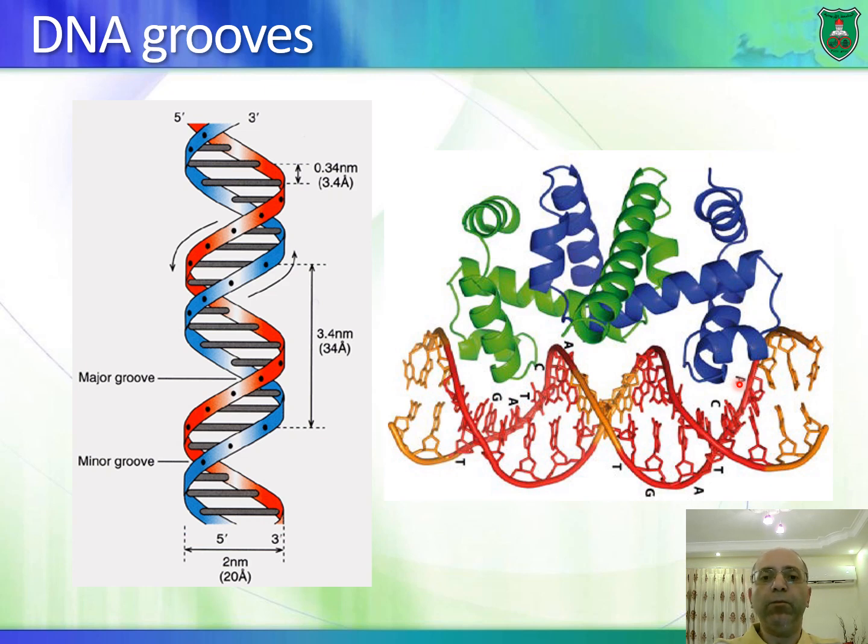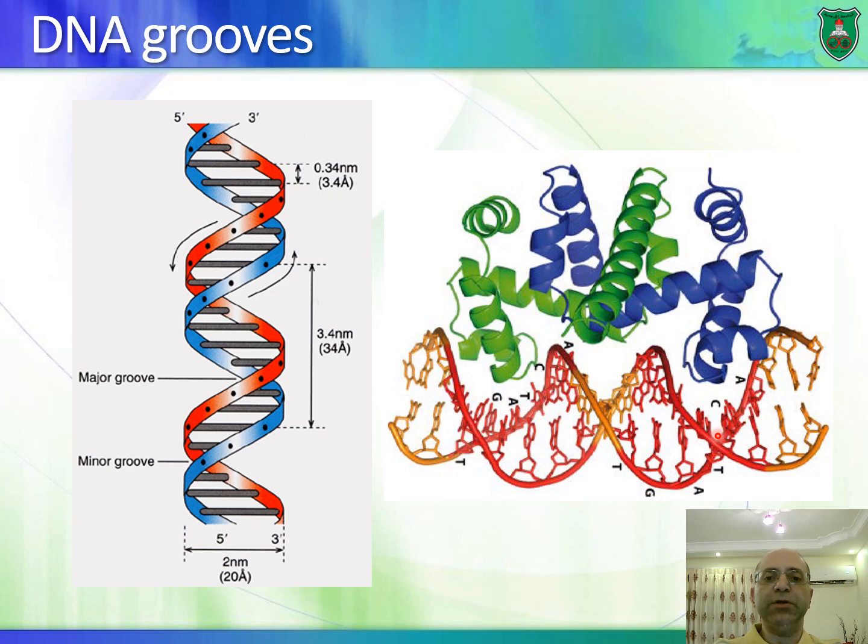That is why proteins can interact specifically with specific sequences of DNA, because specific amino acids within the protein exist in a certain space that can interact with specific nucleotides within the major groove.